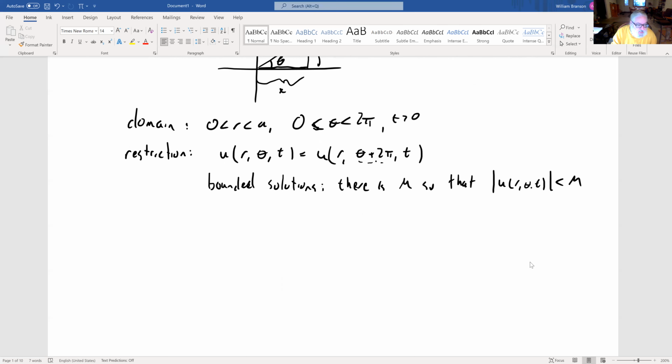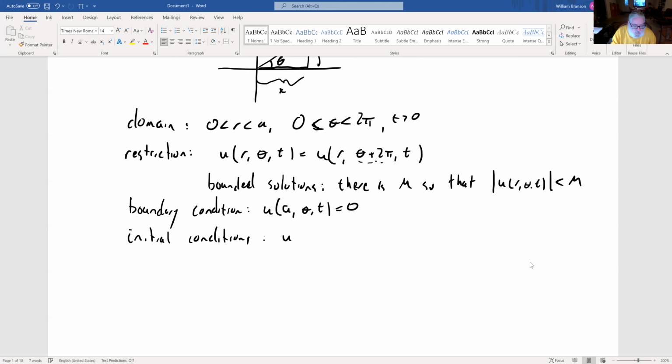We have a boundary condition, which is when r is equal to a, we want u equal to 0, and we have initial conditions as well.